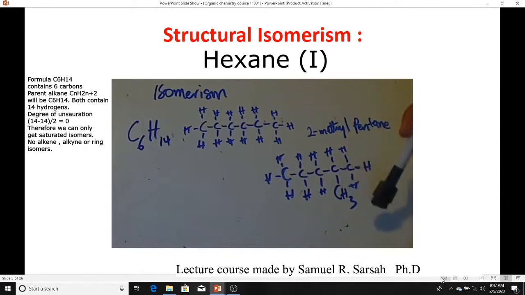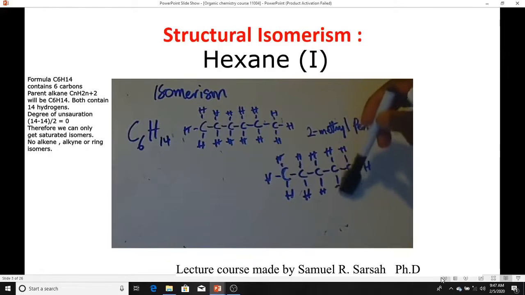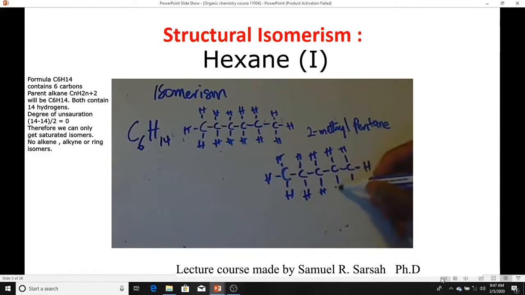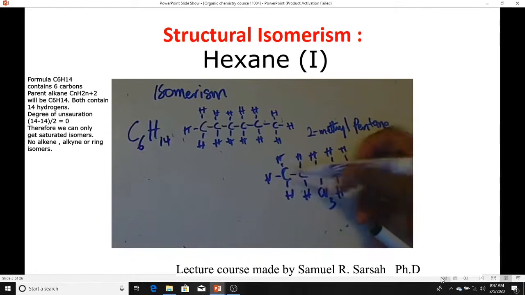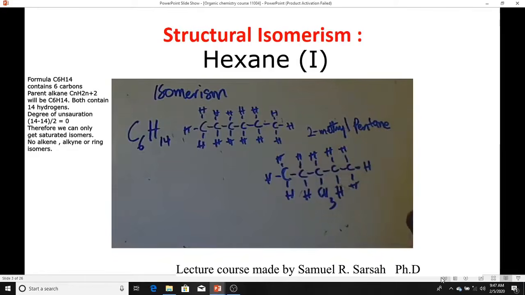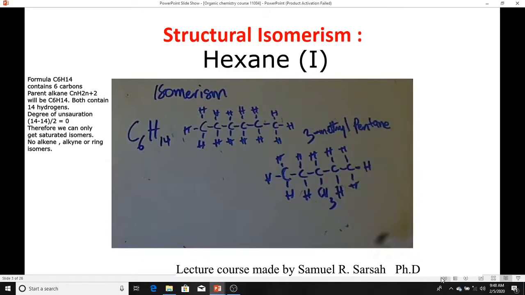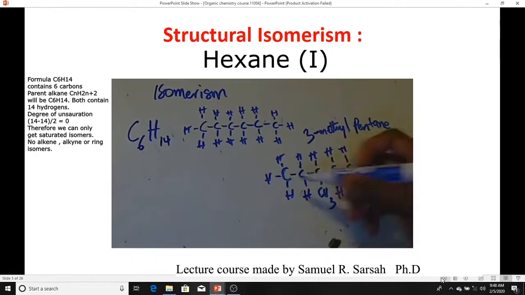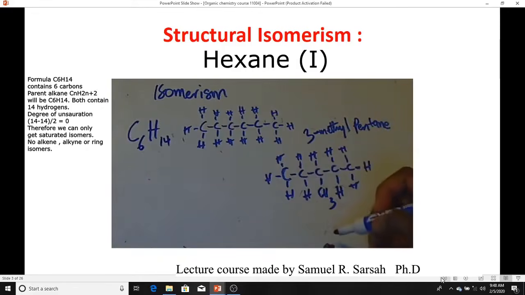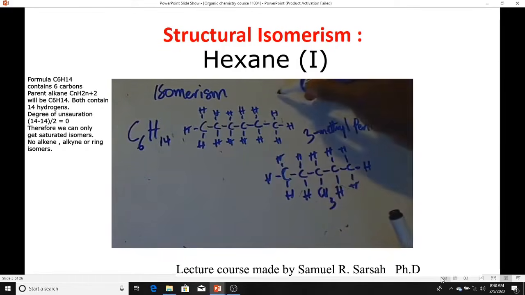If I change the structure slightly, maybe I put the CH3 group here, then the name will be different. It is 1, 2, 3, 4, 5, or 1, 2, 3. So the name, instead of 2, is going to be 3, because carbon number 3 is bearing the methyl group. So this is a structural isomer of hexane.